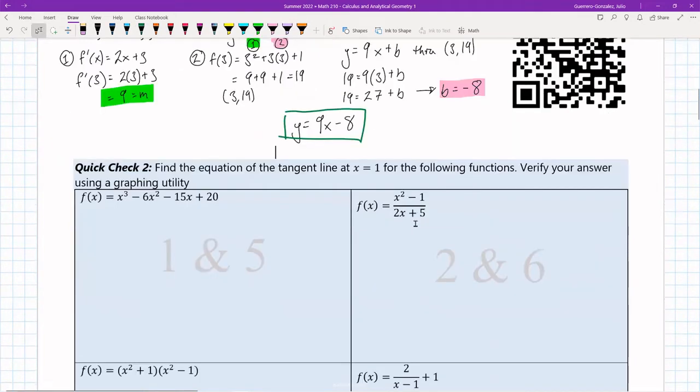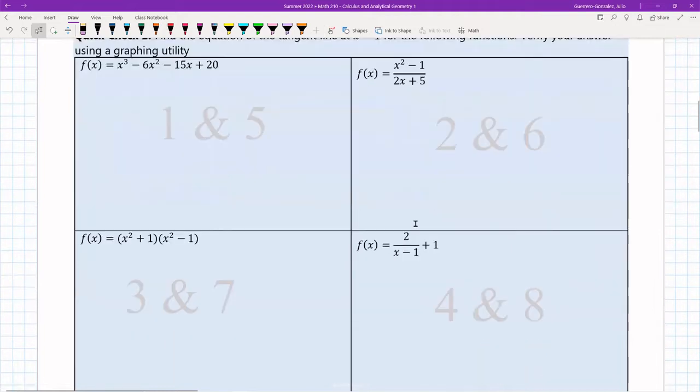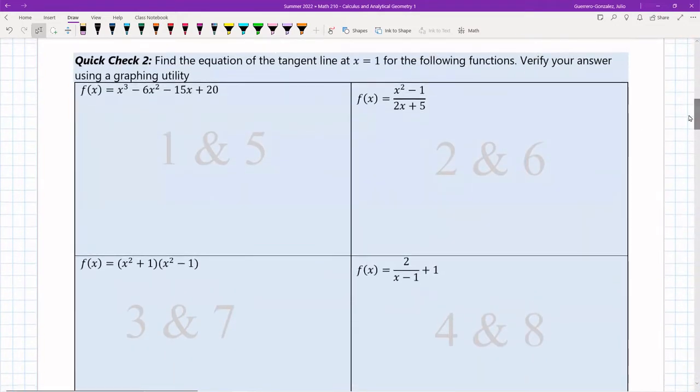The next thing that comes up here is the quick checks. Just keep in mind, you only have to do the quick checks that are assigned to your discussion group. If you are in group 2, you only have to do the ones that have a 2 in them. If you're in group 3, you get to do that one.